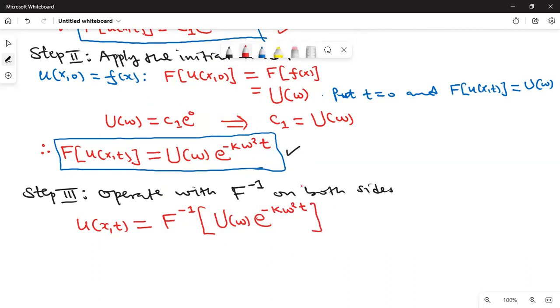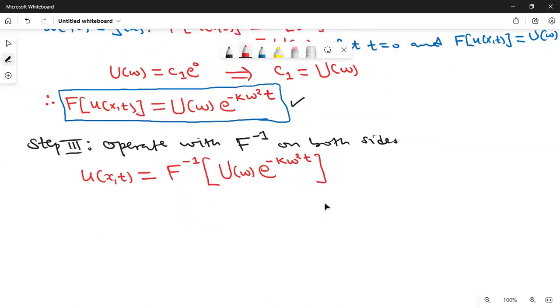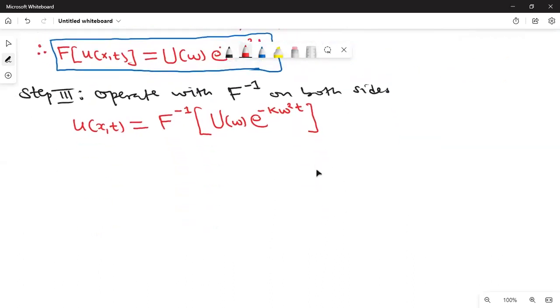Now the task is, how do you find the inverse transform of that function? Look at our definition of the inverse Fourier transform. I am going to use the convolution theorem. Why? Because these are functions of omega. Again, this one is a function of omega. Let this one be G, a function of omega and t.